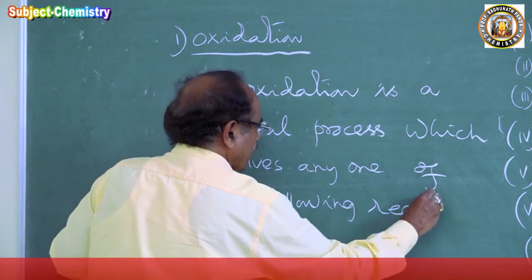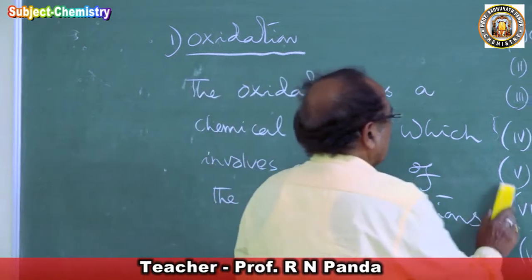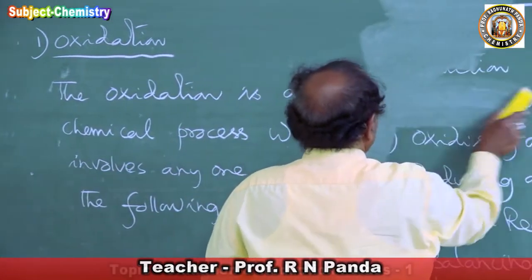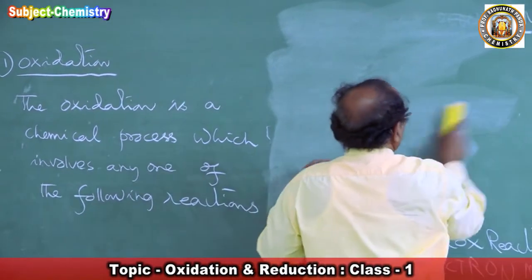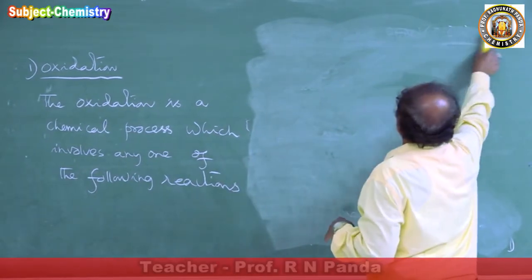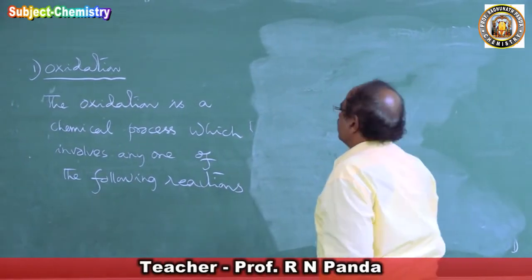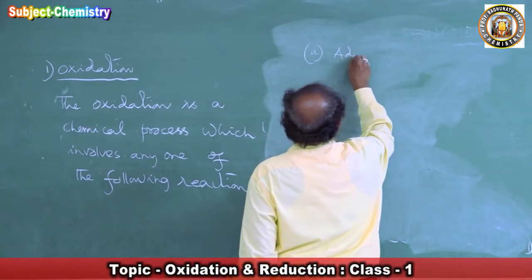So there are various types of chemical reactions which are called oxidation. So oxidation is a chemical process which involves any one of the chemical reactions. What is that? The first is addition of oxygen.